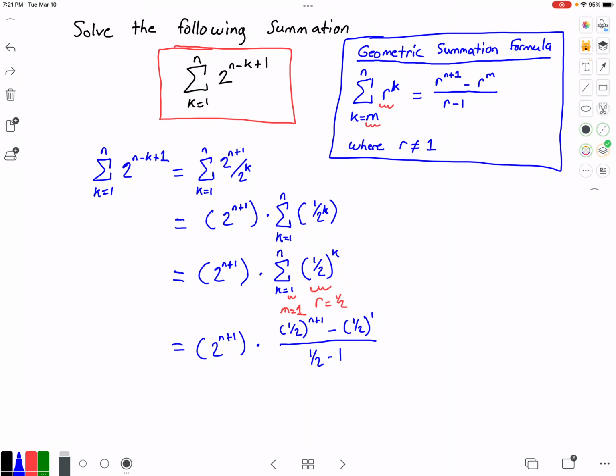Let's go ahead and simplify this a bit more.